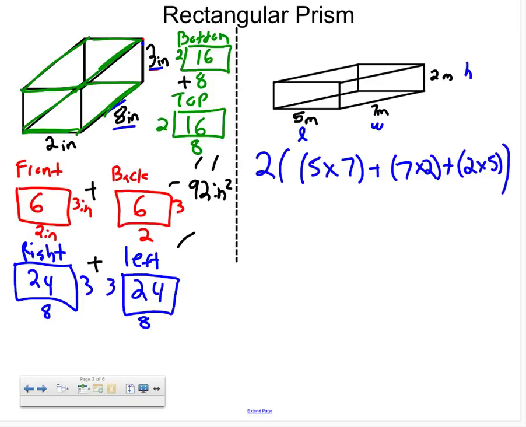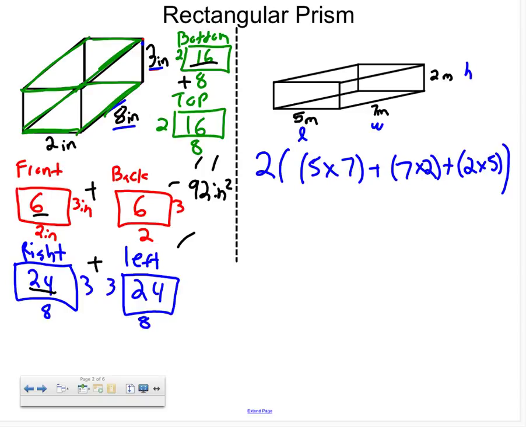I'm just going to multiply each pair of numbers together, add them up, then double. Because essentially what I'm doing is I'm doing each rectangle once, and then adding it together, and then doubling it, because I know that each rectangle happens twice.